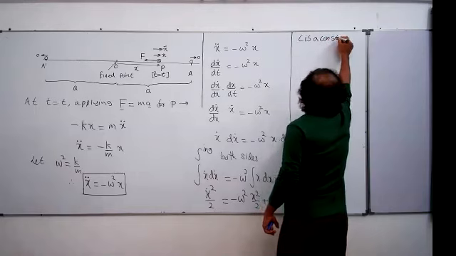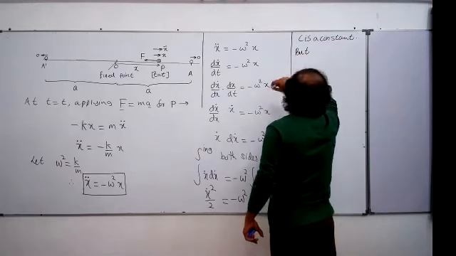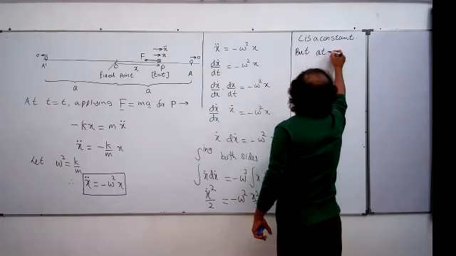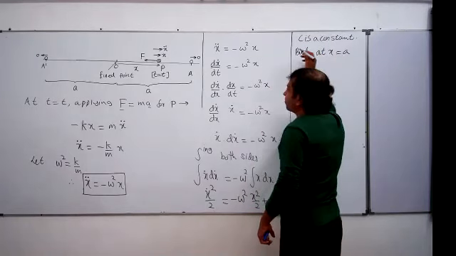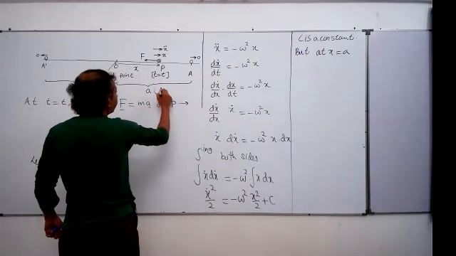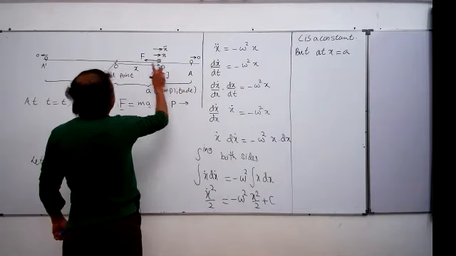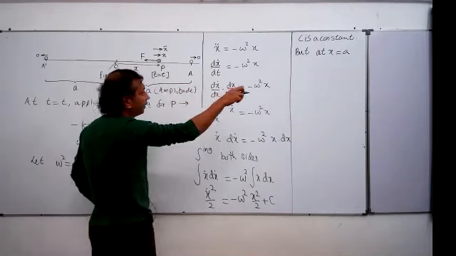But at x equals A, the amplitude, write that here: at x equals A, x dot is 0.